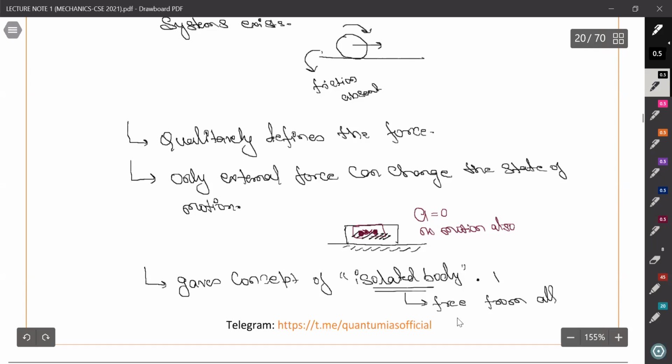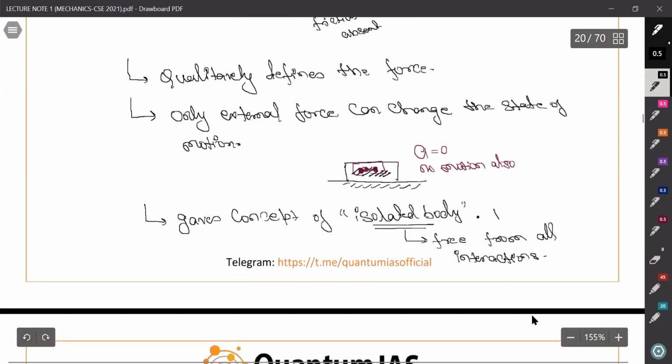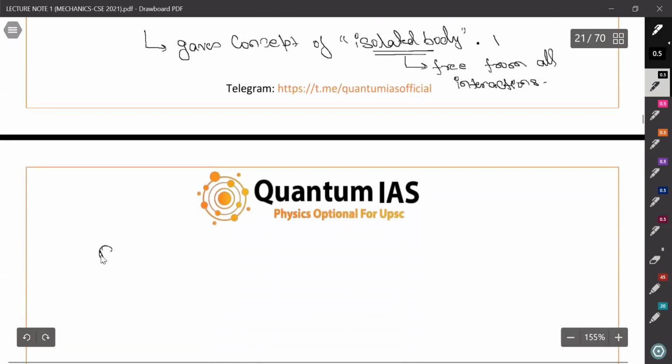As we know, force arises due to interaction. If there is no interaction, there is no significance of force. So force is a real thing and it arises due to interaction. If there is no interaction, then no force will act on this body and we can say that it is an isolated body.